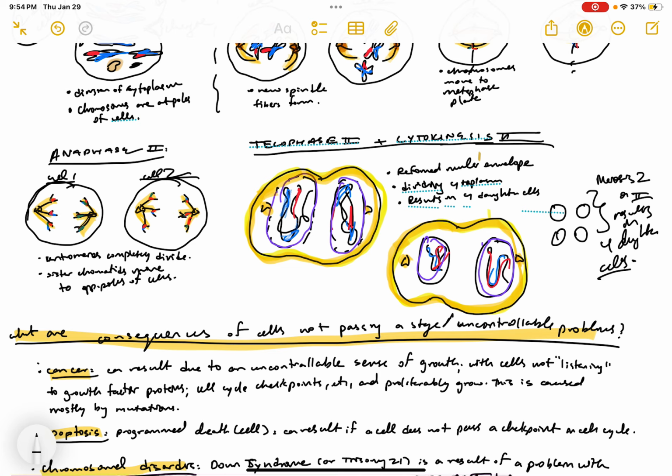Growth factor proteins help stop cells from further accomplishing several stages of the cell cycle, either because they haven't done enough work to do so, or because some sort of abnormality is detected within them.